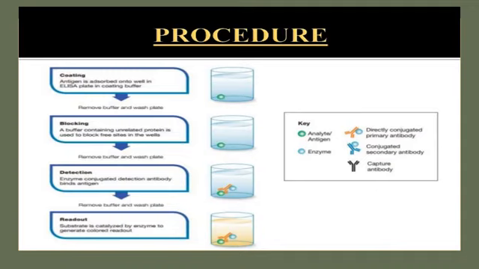Then the final step is that we add the substrate. When we add the substrate, if there is antigen-antibody binding, the color will develop. The substrate, as it says here, is catalyzed by an enzyme to generate a colored readout or colored product.